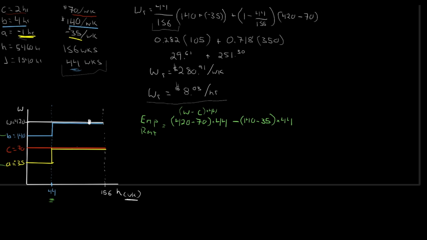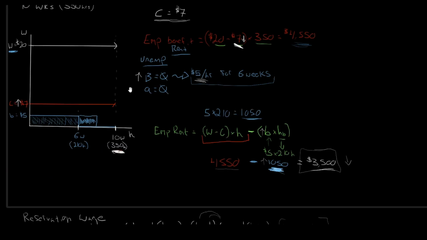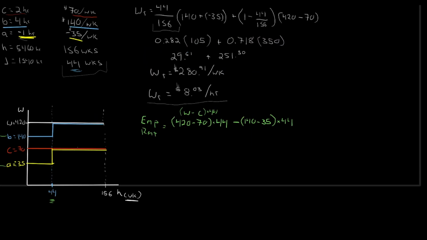There's no difference between those two. If we go back and look at this example, it would be like we get that benefit for the entire period, in which case h and h benefit are one and the same. So I can just ignore that this time.